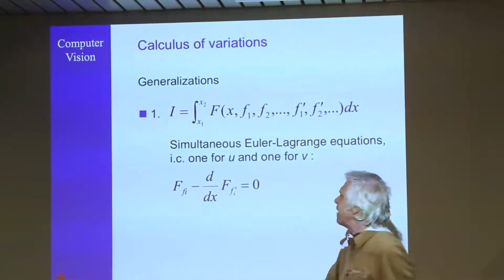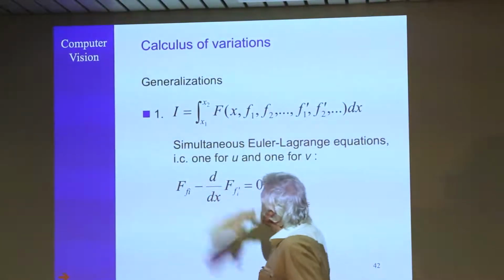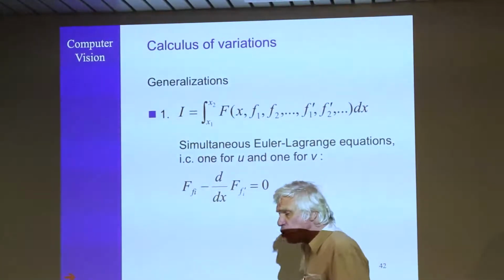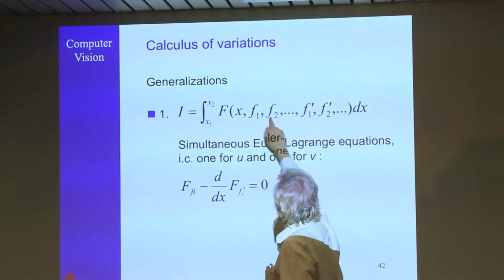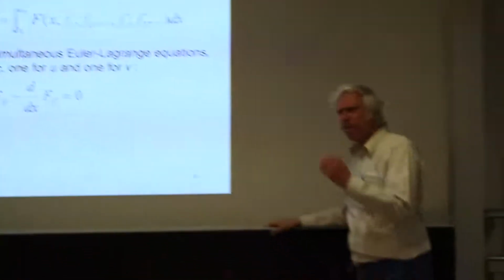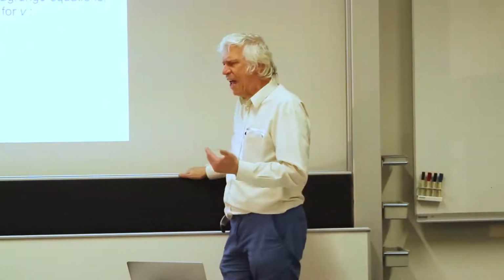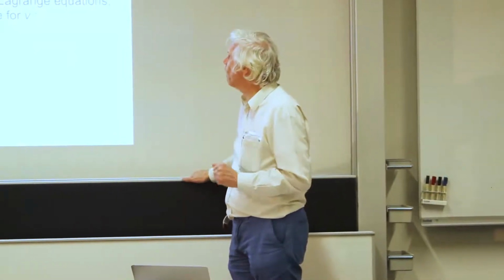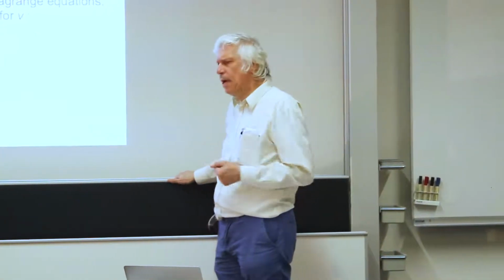So, if you would look at the original Euler-Lagrange problem, this calculus of variations problem, but now not with one, but with multiple functions, f1, f2, and so on. What would you have to do? Well, you can follow exactly the same philosophy, but now to f1 you would add epsilon 1 eta 1, to f2 you would add epsilon 2 eta 2, and so on.